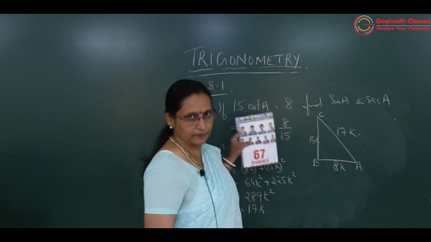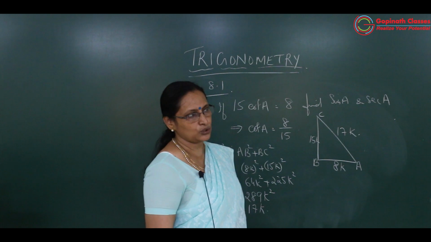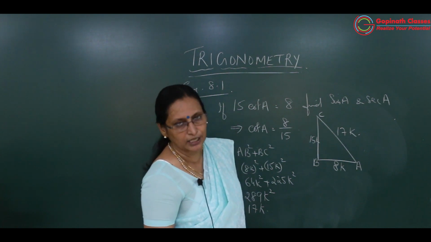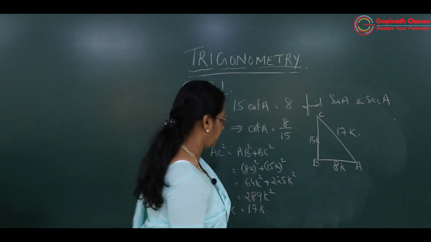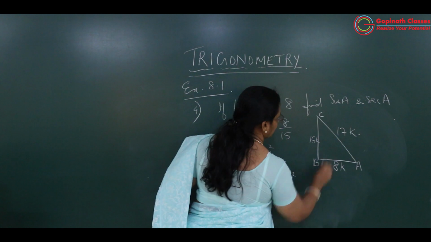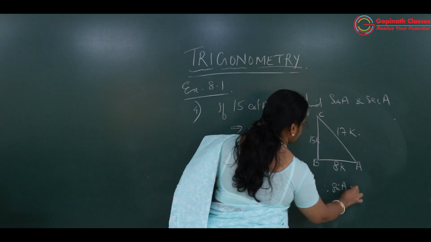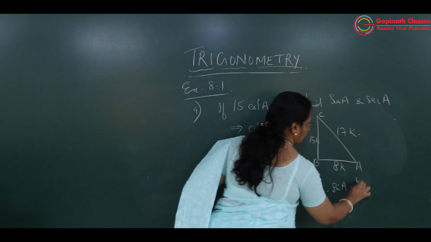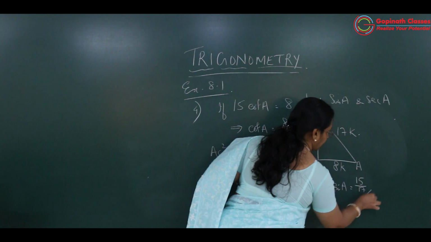So, using the given ratio, we found out the third side. Two sides we get from that ratio, and we find the third side, and after getting the third side we find the answer to the given question. What is the question? The question is sin A. Therefore, sin A is equal to opposite side upon hypotenuse, 15k upon 17k, which is 15 upon 17.